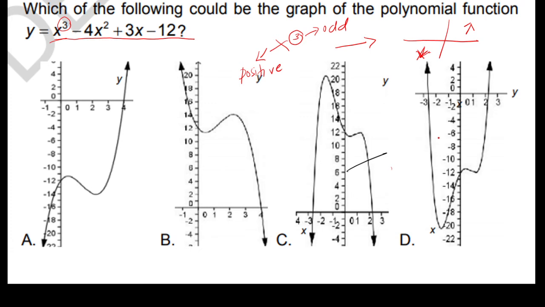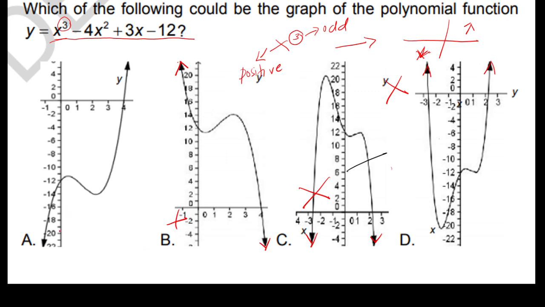Okay? Let's look at letter D. In letter D, its left hand goes up, its right hand goes up. So, this is not the answer. In letter C, its right hand goes down, its left hand goes down. So, this is also not the answer. In letter B, its right hand goes down and its left hand goes up, which is also wrong.